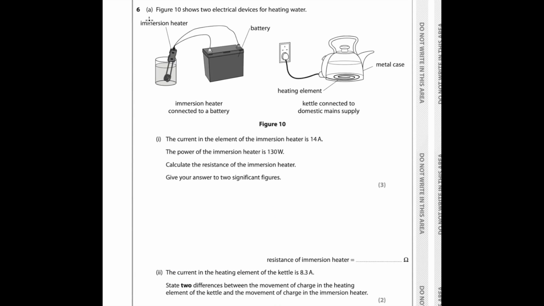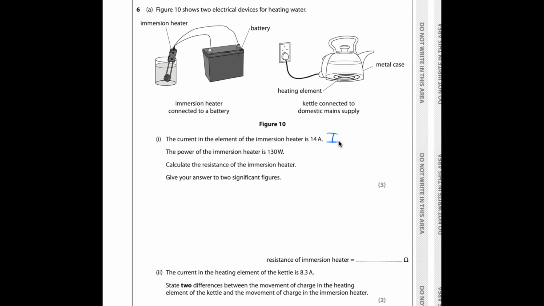Question 6. Figure 10 shows 2 electrical devices for heating water. Right, an immersion heater from a battery and a kettle connected to the mains supply. The current in the element of the immersion heater is 14 amps.